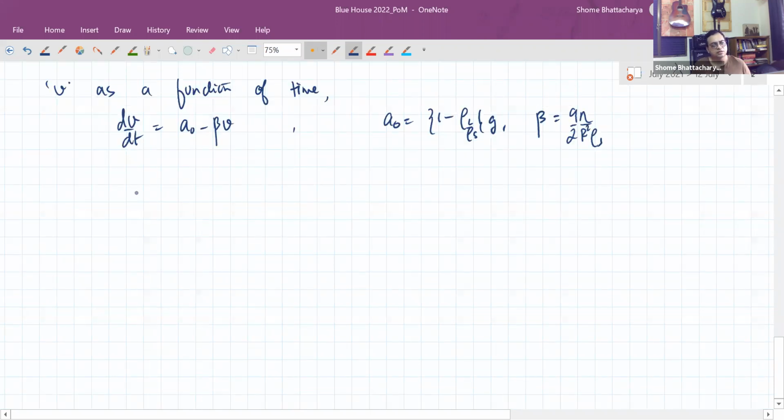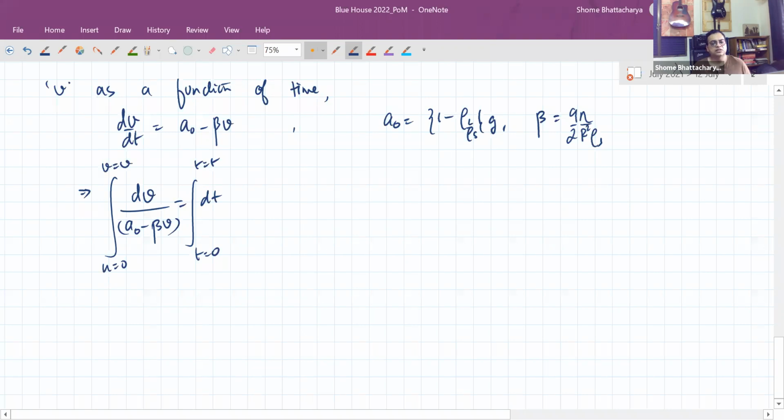So cross multiply to bring all the terms with v on this side and keep the dt on that side. Now we can integrate this. At t equal to 0, it started from rest. At t equal to t, the velocity became v.